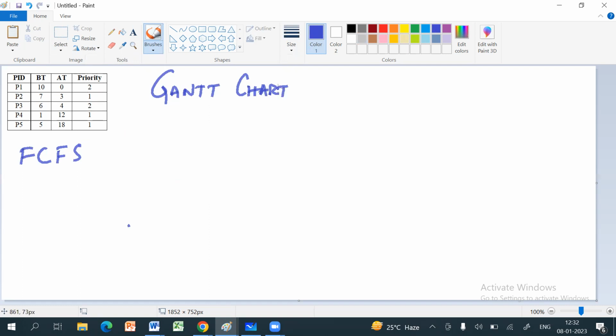A Gantt chart usually starts at time 0. At time 0, P1 is the only process currently available for us to schedule.